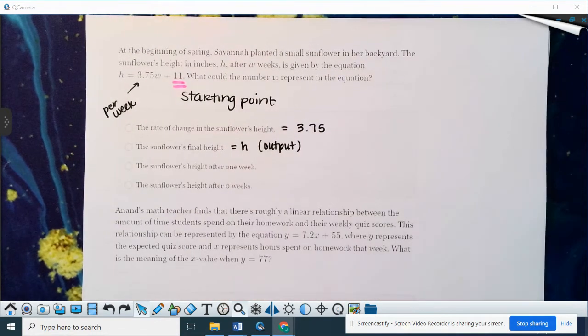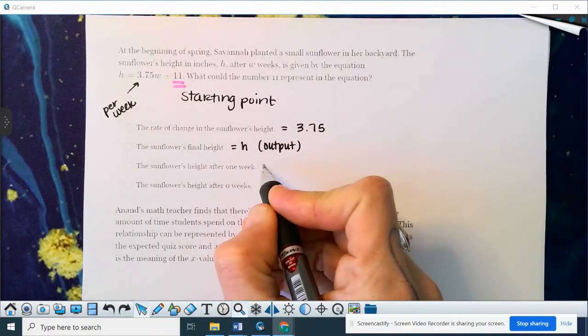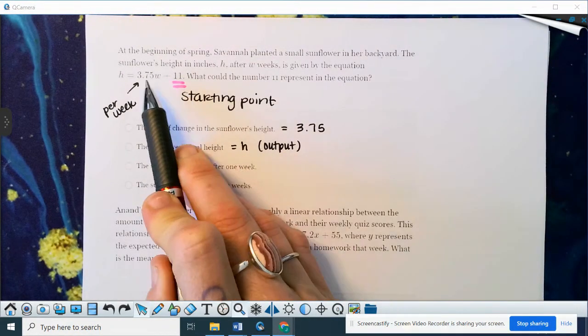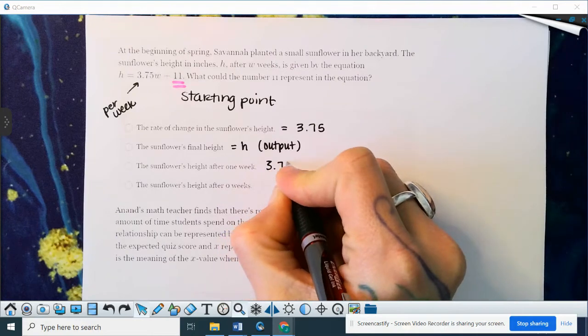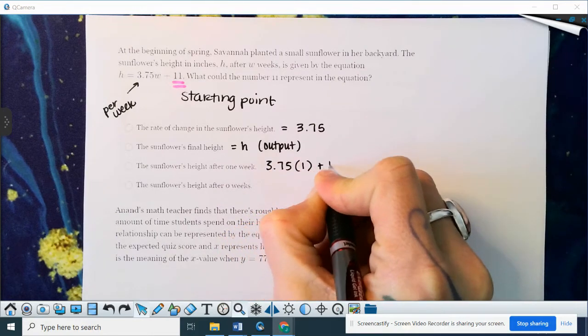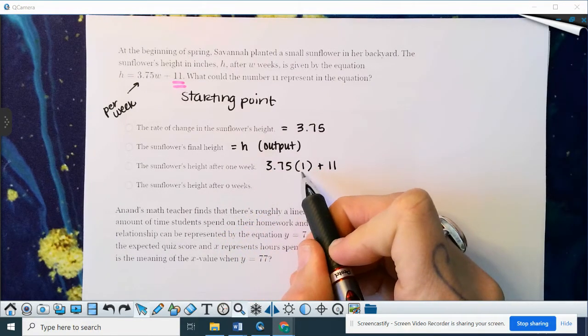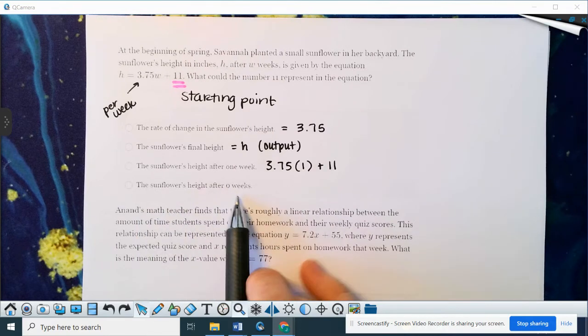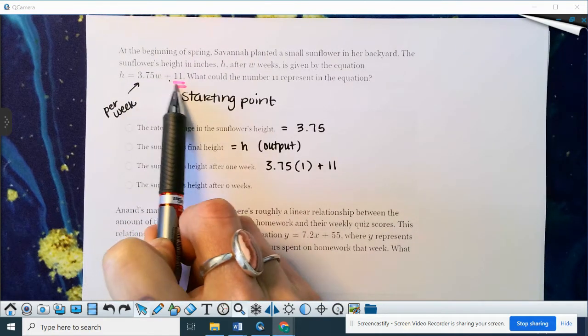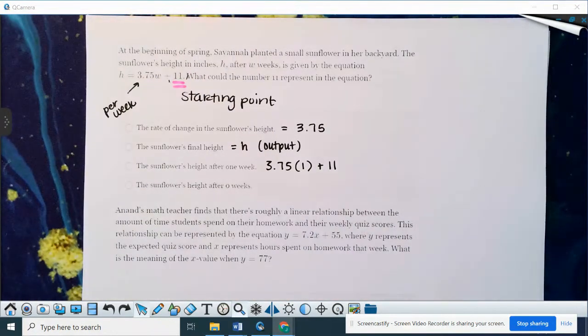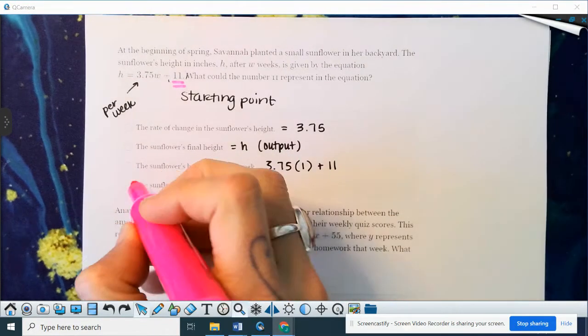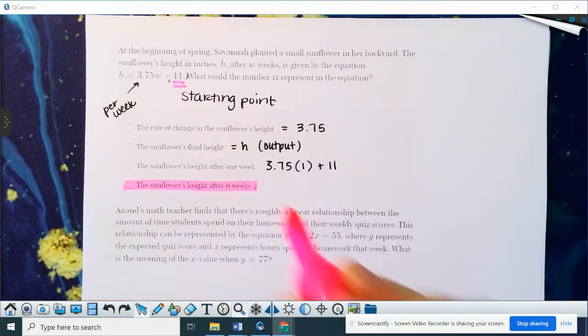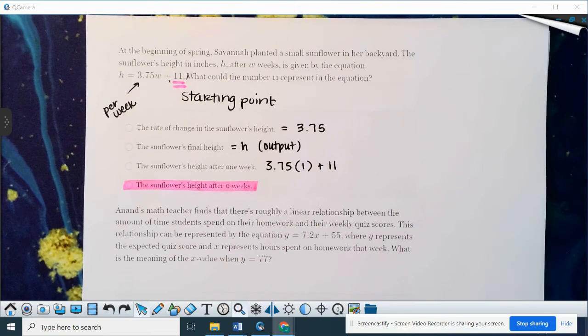The sunflower height after 1 week would be the 11 that she started with plus 3.75. Because remember, w is your weeks, and the sunflower after 0 weeks, so if I plugged in a 0 here, this whole thing goes away, and 11 is all that is left. So 11, our y-intercept, is the sunflower's height after 0 weeks.